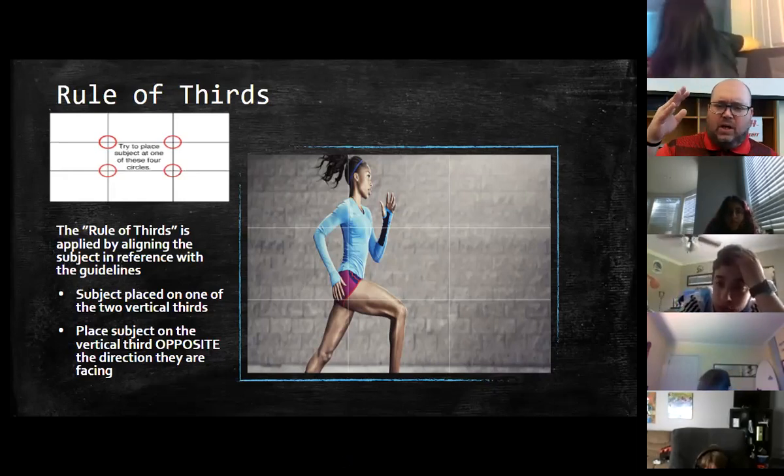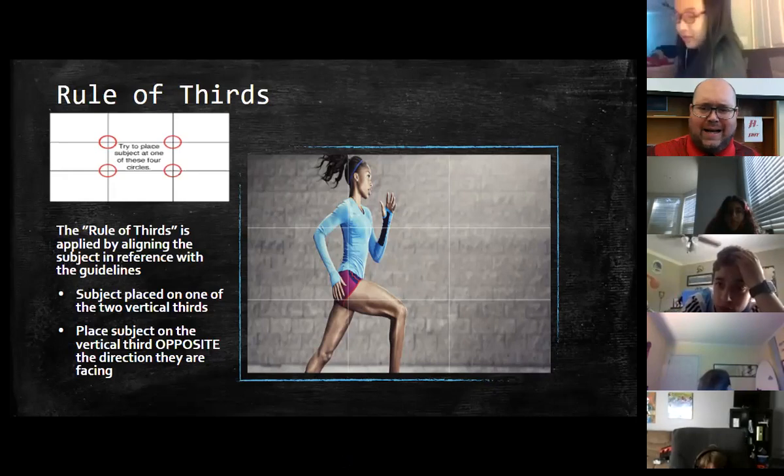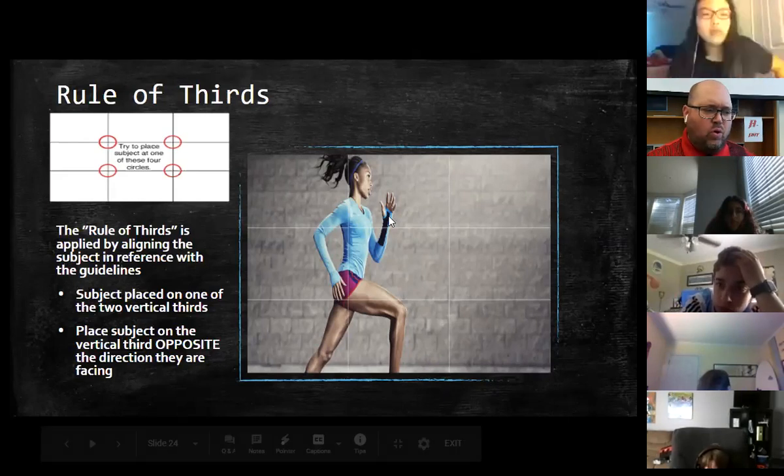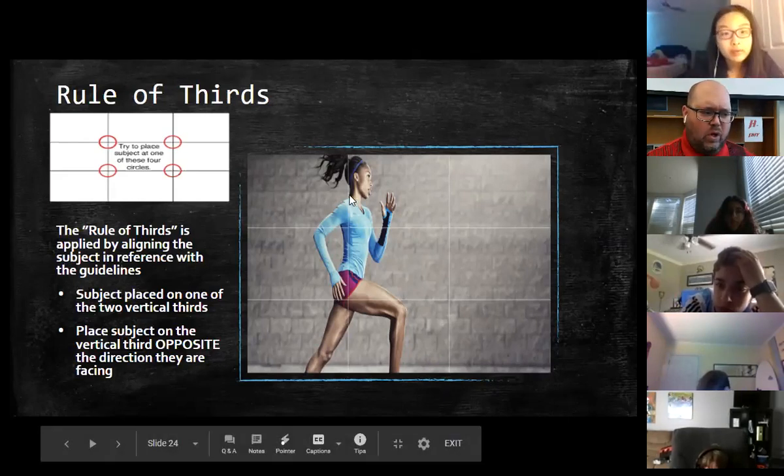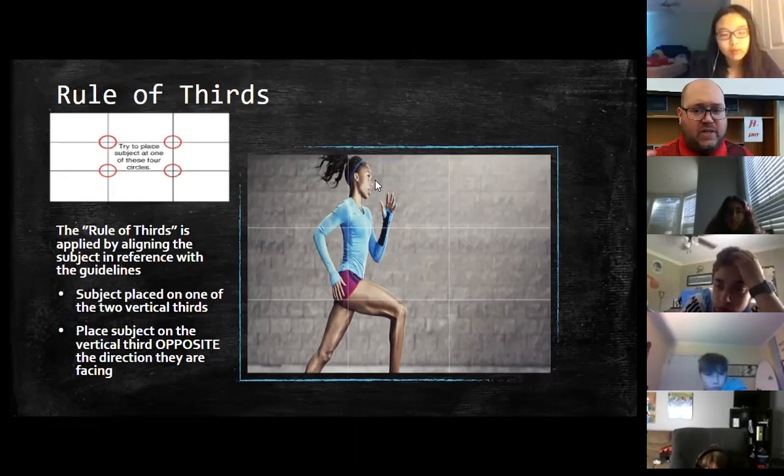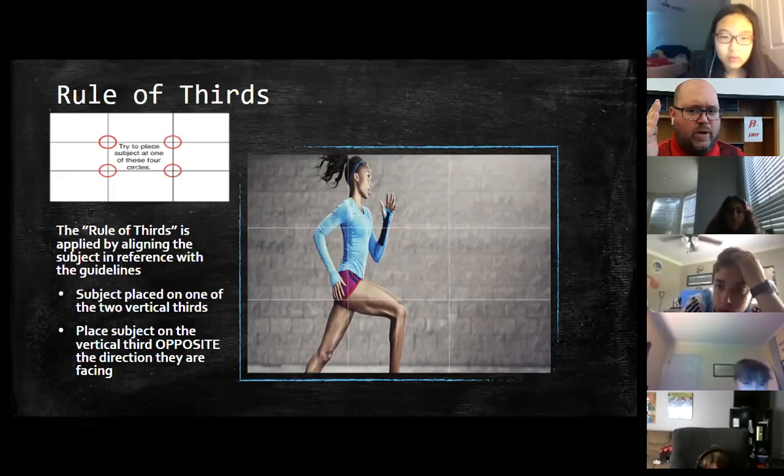Now, you can't just go and put your subject on either one of the vertical thirds, though. There's a rule as to which one it needs to be on. And the rule is simple. Whatever way the subject is facing, even if it's slightly, so you see how my head is just slightly turned? You always put them on the opposite vertical third.